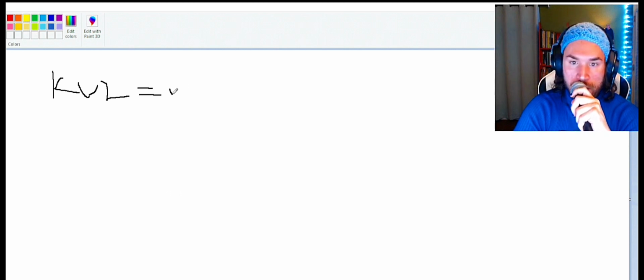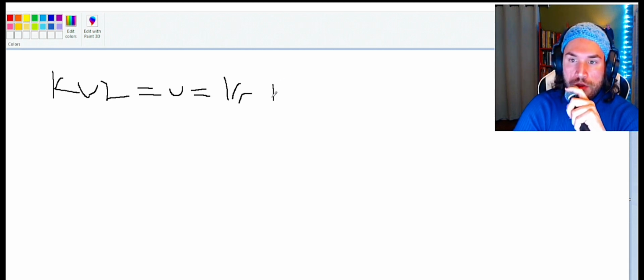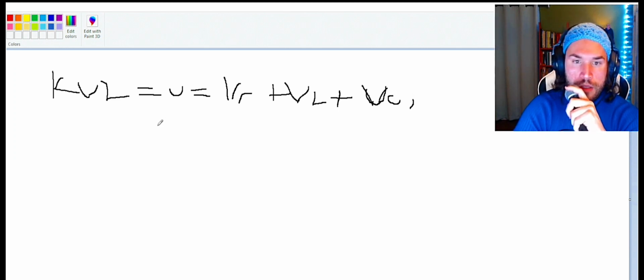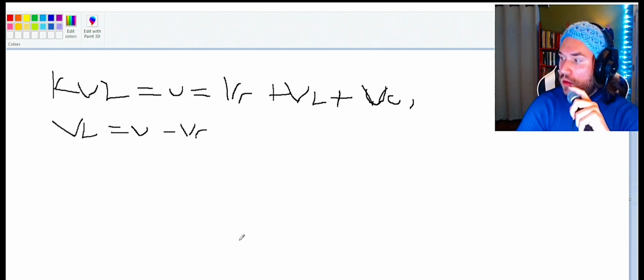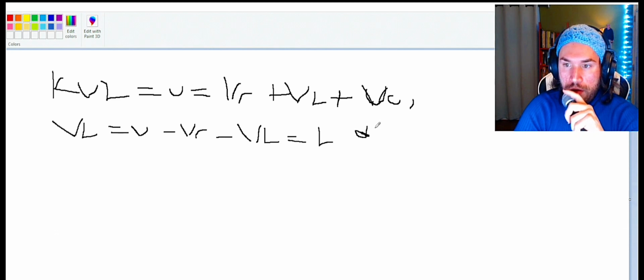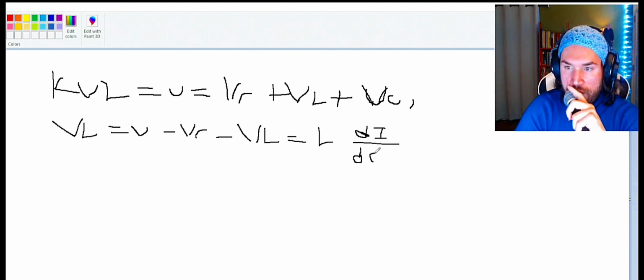So Kirchhoff's voltage law: u is equal to the voltage across the resistance, plus the voltage across the inductor, plus the voltage across the capacitor. The voltage across the inductor equals u minus the voltage across the resistance minus the voltage across the capacitor, which equals L times the derivative of i with respect to t.